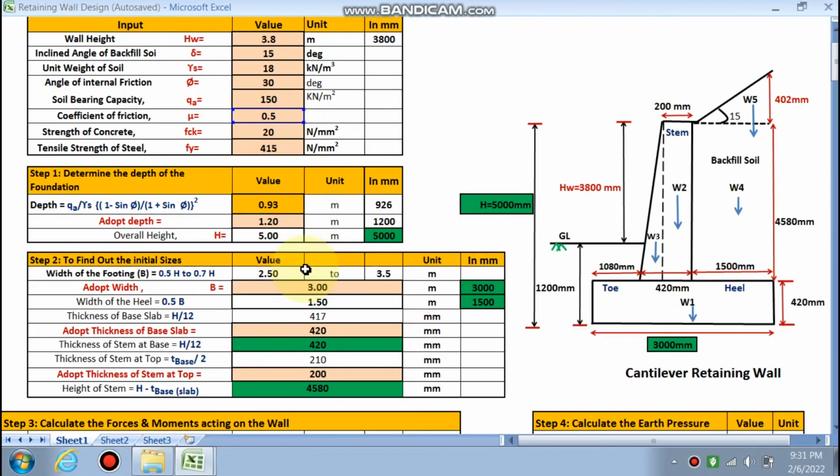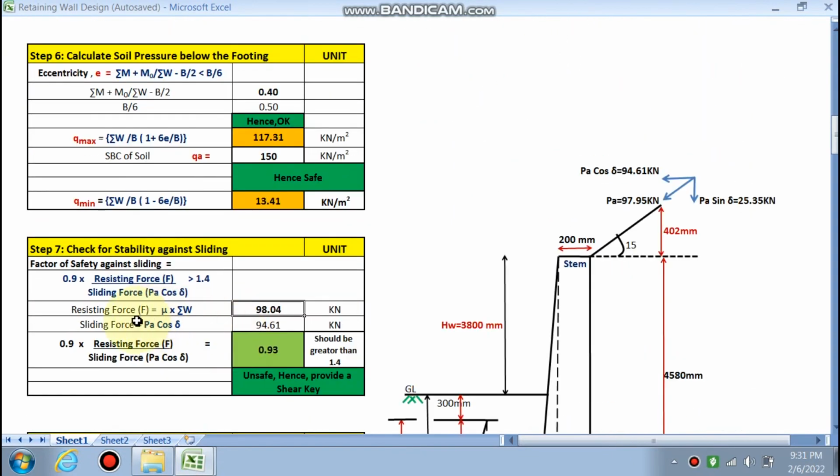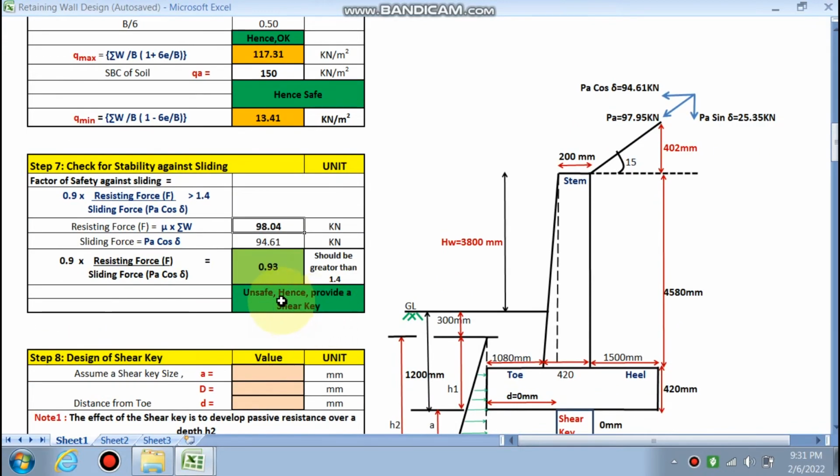Mu is 0.05 into summation of all the forces, which gives you the resisting force, and the sliding force is Pa cos delta, right? In our case this comes out to be 0.93, which is less than 1.4, hence it is unsafe. So you have to provide a shear key.